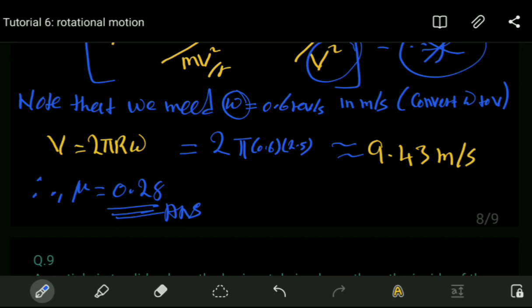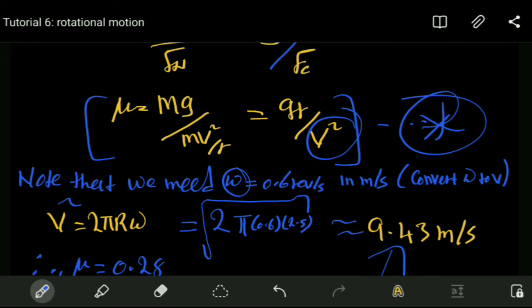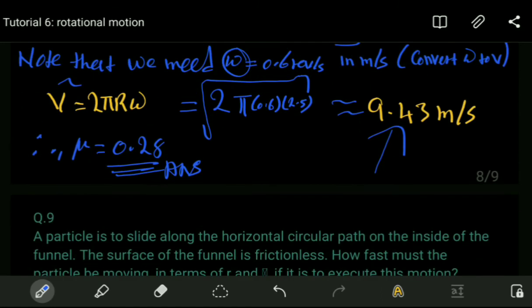So v squared therefore is giving us 9.43, and if we substitute this value into mu equals gr over v squared, we are going to get our coefficient as 0.28.